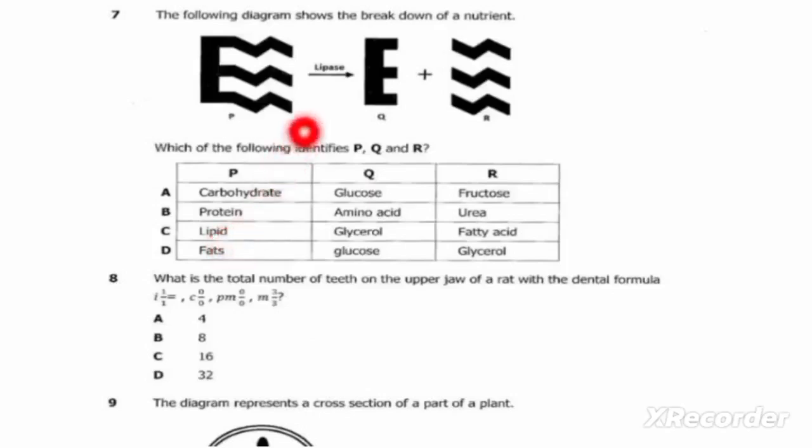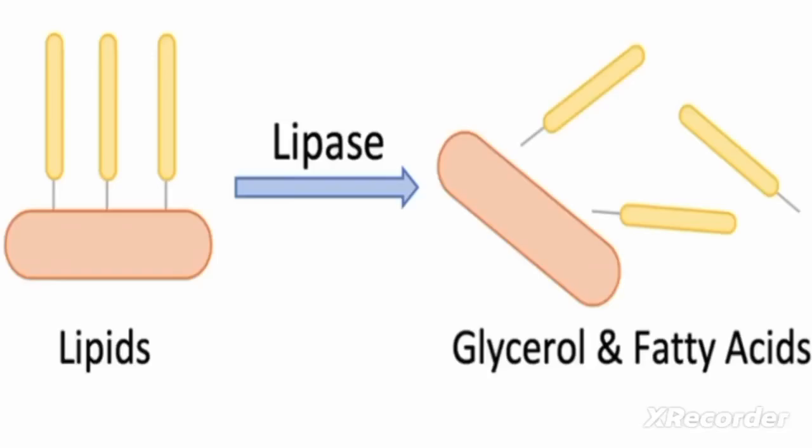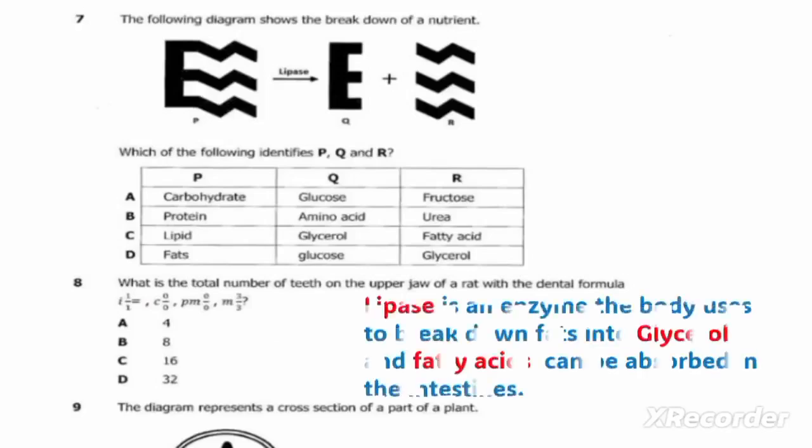So this lipid will be broken down to glycerol and 3 fatty acids. So therefore, we can pause the video and assimilate the information given on the screen. Okay, so therefore our correct answer is C.